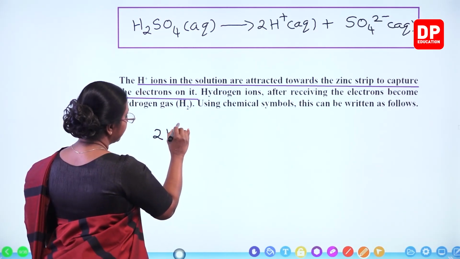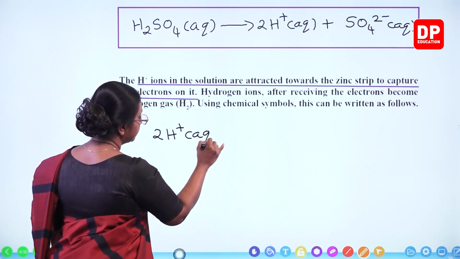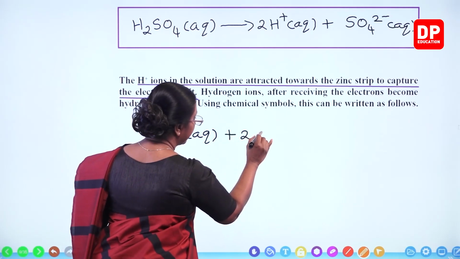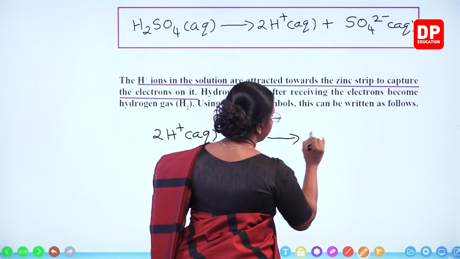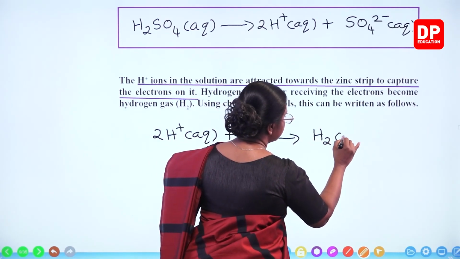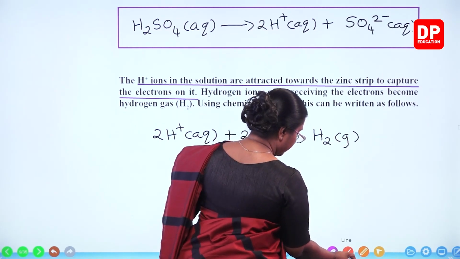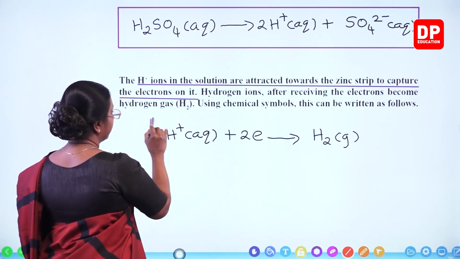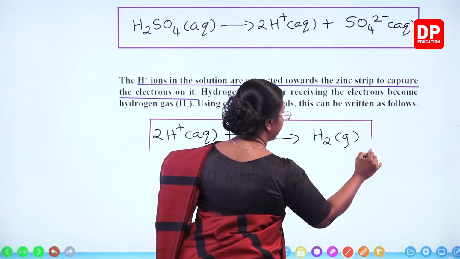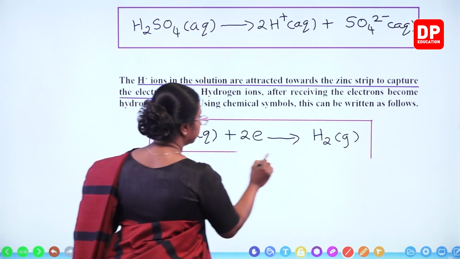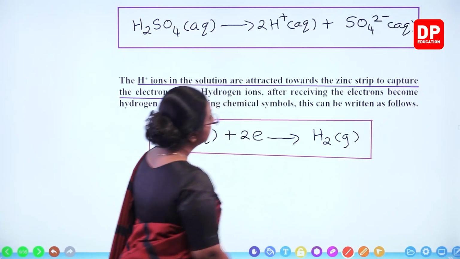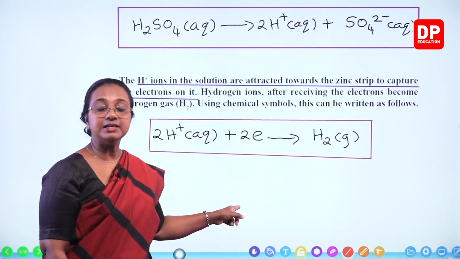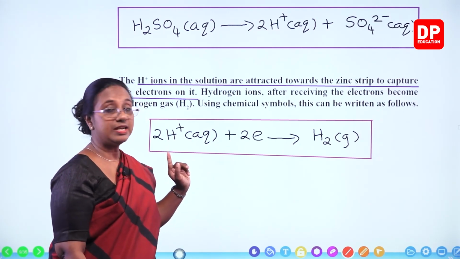Two H plus ions, that is in the aqueous state, take up 2 electrons, giving rise to H2 gas. So this is also an important reaction. You have to remember this as well. So that is another one. We will move on to the next one.